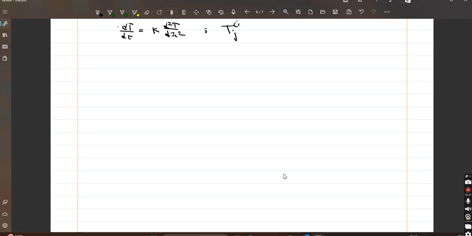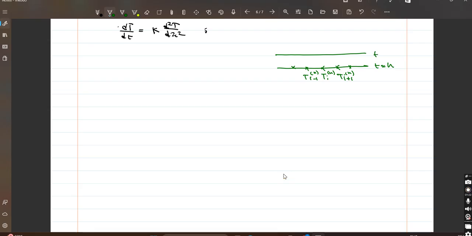So let me draw the depiction. For example, here we have T_i, T_{i-1}, T_{i+1}, and so on at time, say, n. This is at time t equal to n.